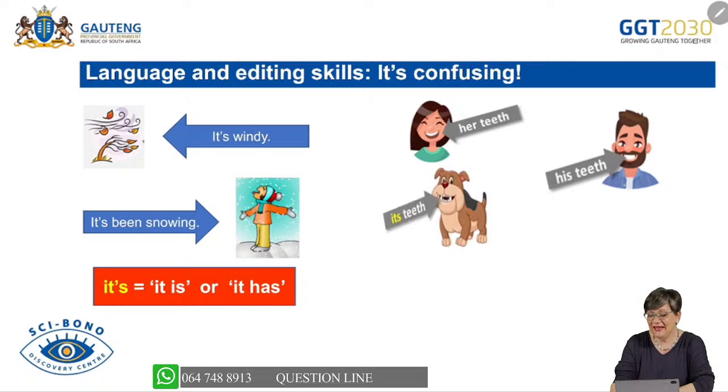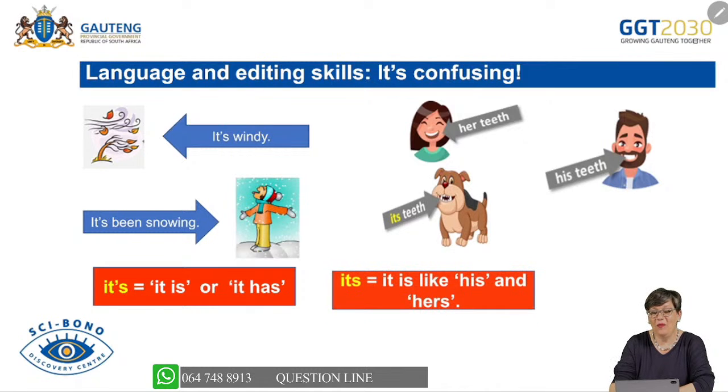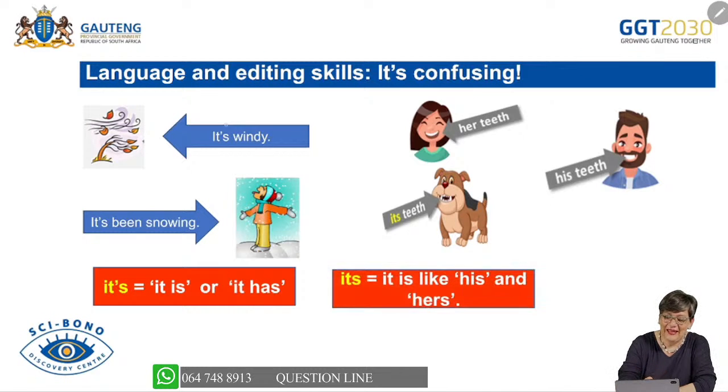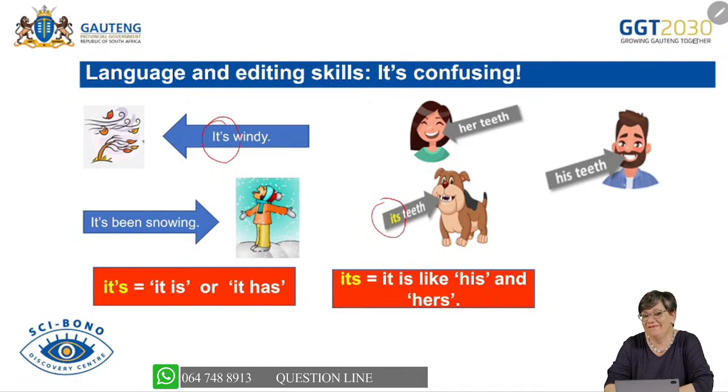Can you see here in this case, there is no apostrophe. In this case, when we're referring to the dog's teeth, it's like his and hers. Can you see the difference between the two? In the previous ones, it's when it means it is. Its here shows possession. That was just a quick tip for you to remember.